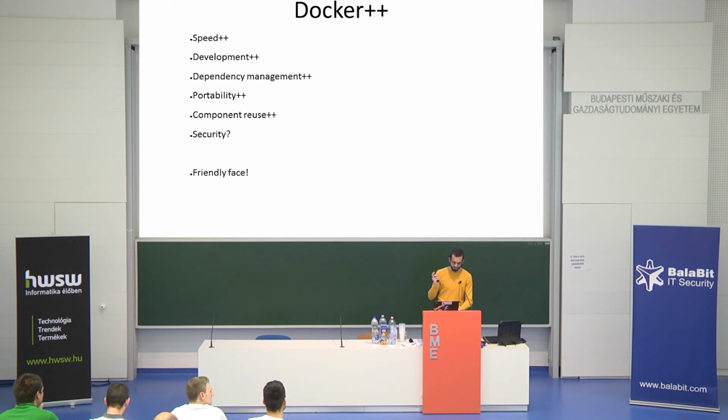Component reuse. The Docker folks have come up with what they call Docker Hub or a Docker registry, which is a centralized system for sharing Docker images. The way I would hope it works is that, let's say, there are developers of a popular database, PostgreSQL for example.